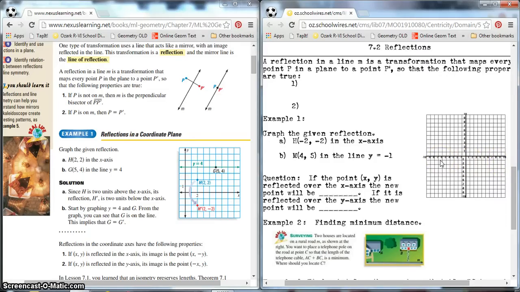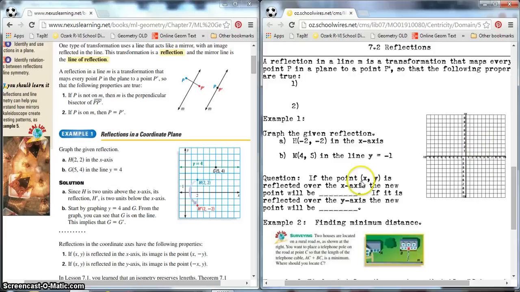I'm using a little bit different software than I normally do. So draw that line of reflection, put your point at 4, 5, and make 4, 5 jump over that line. All right, and just land right below it, making sure that the distance that it is from y equals -1 is exactly the same on both sides. All right, check with your neighbor or with a partner or with a friend. Make sure you did that right.